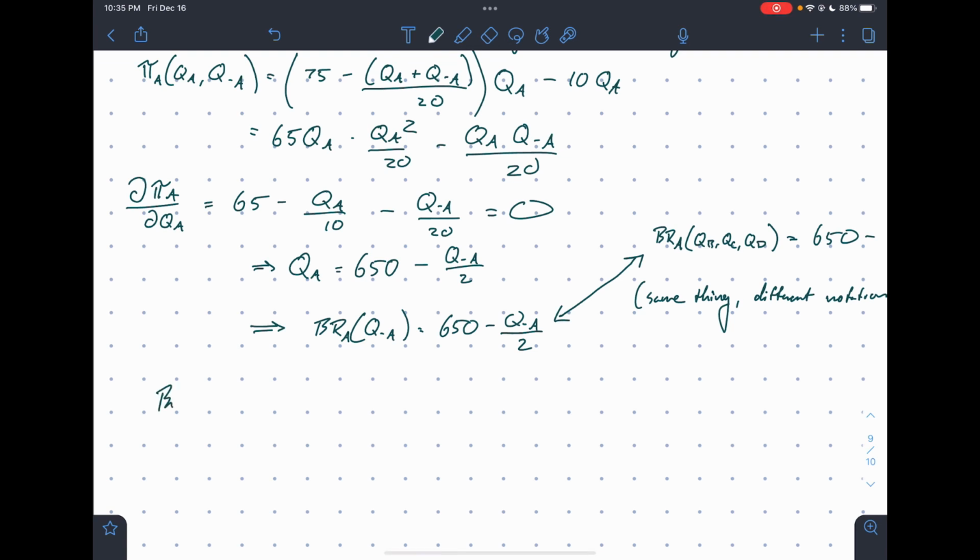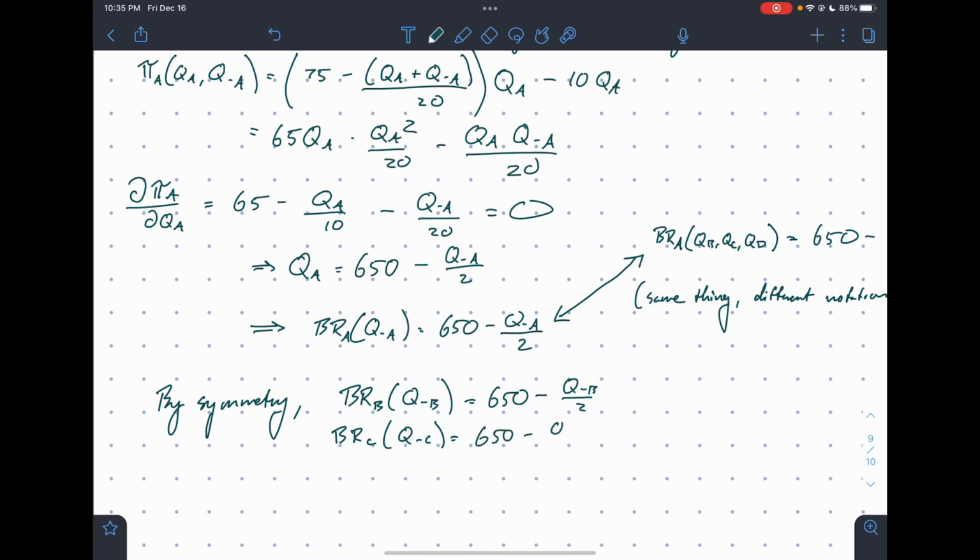So we have BR of B to Q negative B, 650 minus Q negative B divided by 2, BR of C to Q negative C, 650 minus Q negative C divided by 2, and finally BR of D to Q negative D is 650 minus Q negative D divided by 2.